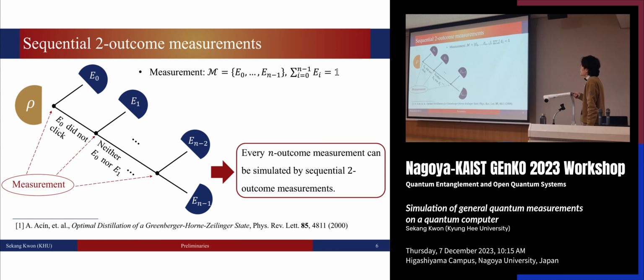If E0 clicks, then we finish this process, and otherwise, if E0 did not click, we go ahead to the next step and measure the next two-outcome measurement. In this node, we measure whether E1 clicks or not, and by repeating this process, we can simulate the entire measurement.